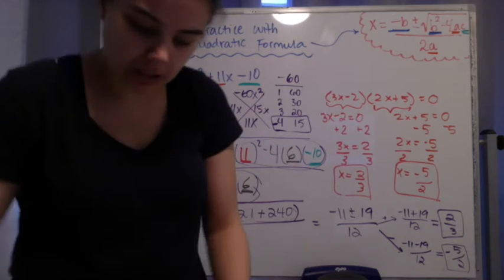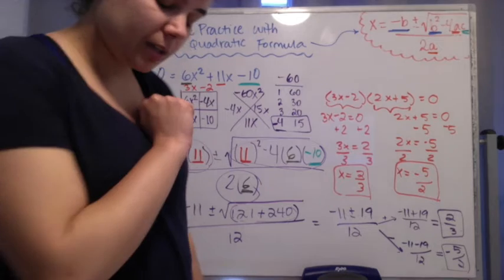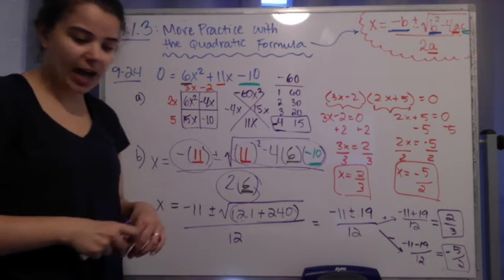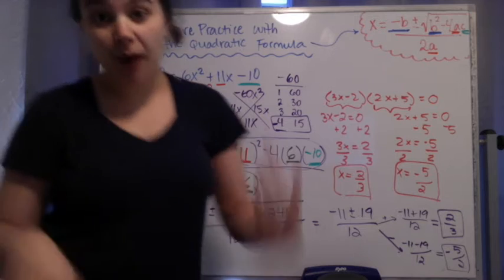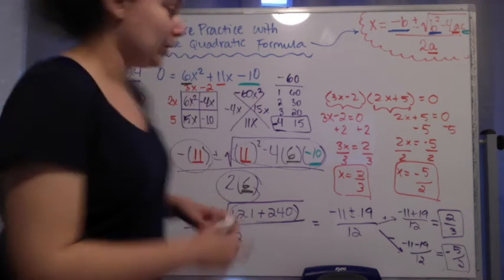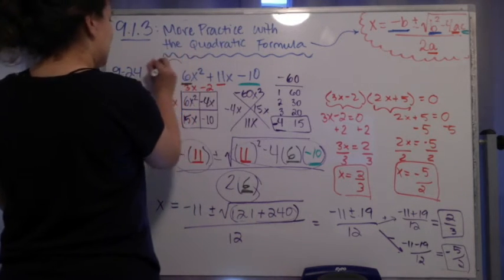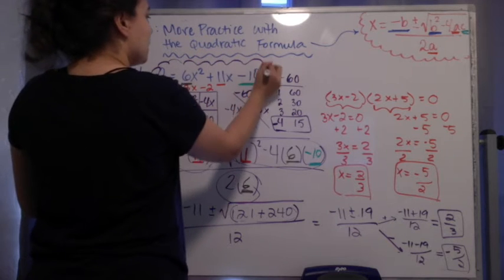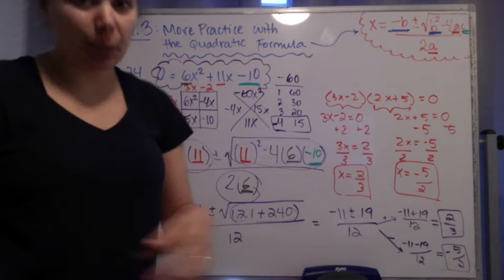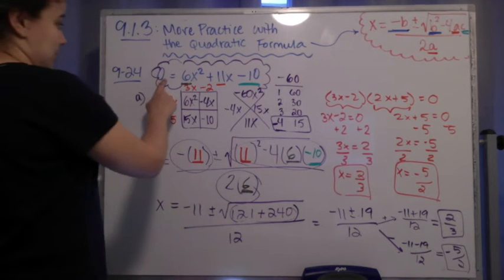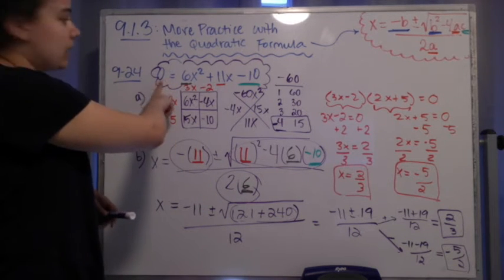So next up, 9.25 ABCD. For these problems, really important, when we identify A, B, and C, 6, 11, and negative 10, we could do that right away because it was already equal to 0, right?